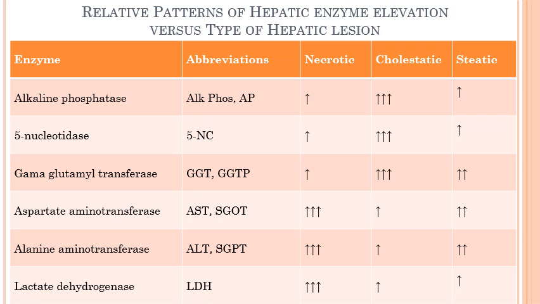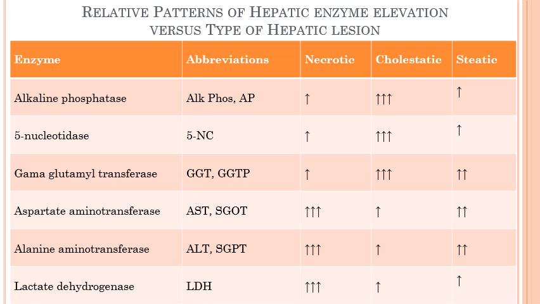Next is gamma glutamyl transferase. Its normal levels are 9 to 48 microliter. Its levels are slightly increased in necrosis, very highly increased in cholestasis, and moderately increased in the steatosis.